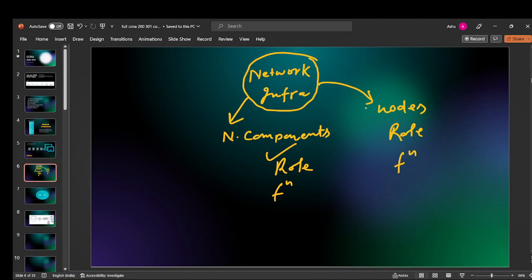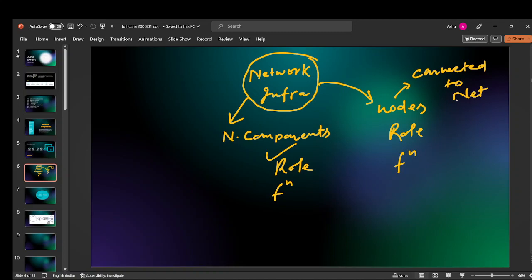As we know, network infrastructure consists of two elements, which are most important. First one is network components, and second one is nodes. Nodes are individual devices or entities that are connected to the network.